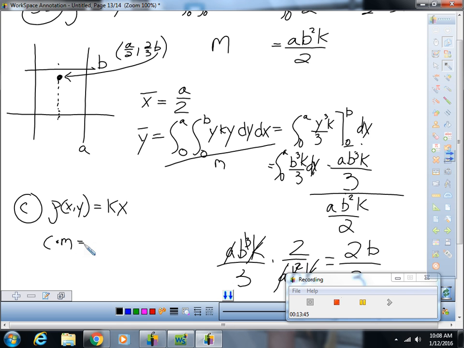Does it say to find the mass? Okay, so we should be able to just, again, use symmetry to find the mass. What will the mass be, do you think? A squared bk over 2. And the center of mass should be 2/3 a, comma b over 2.